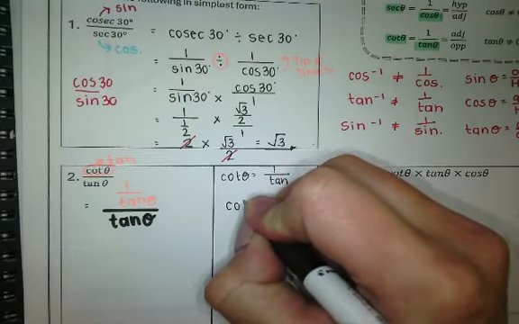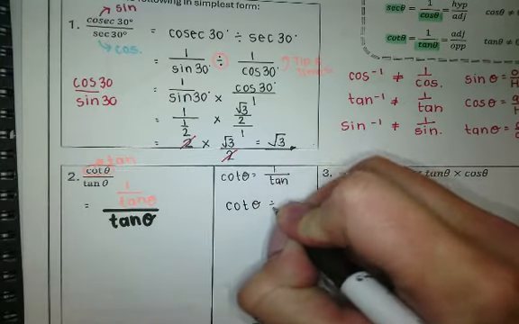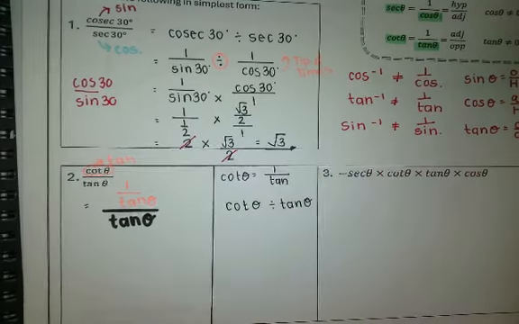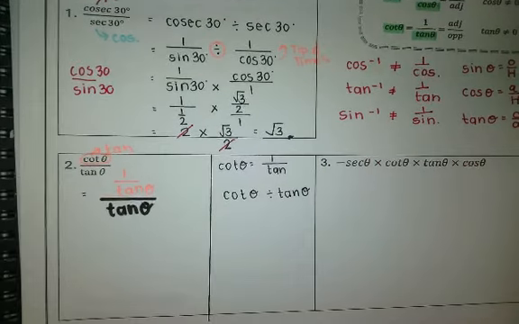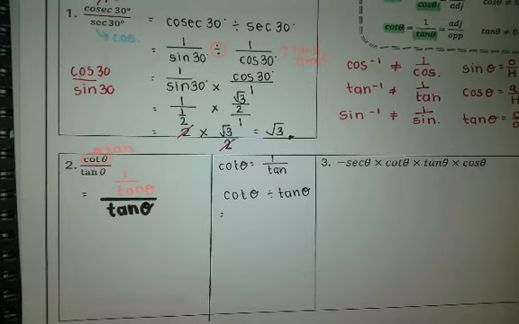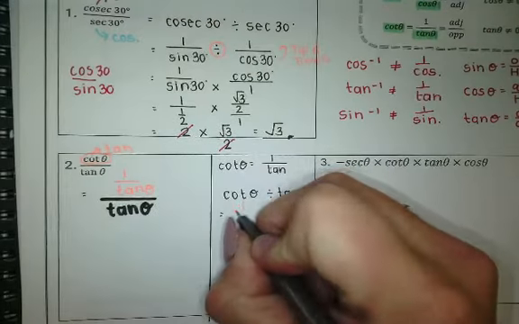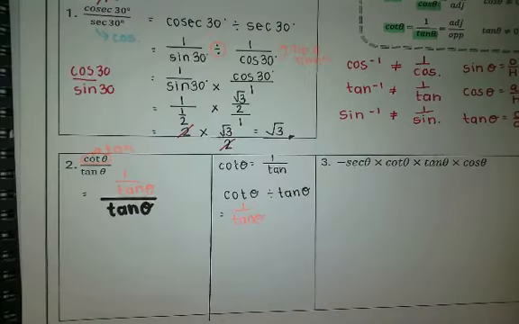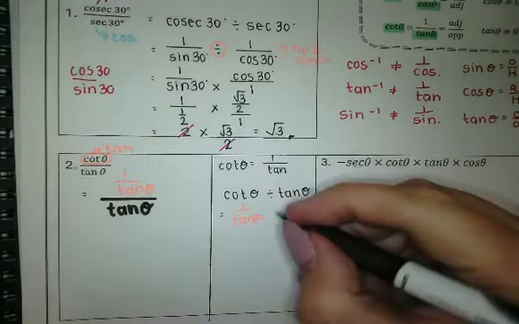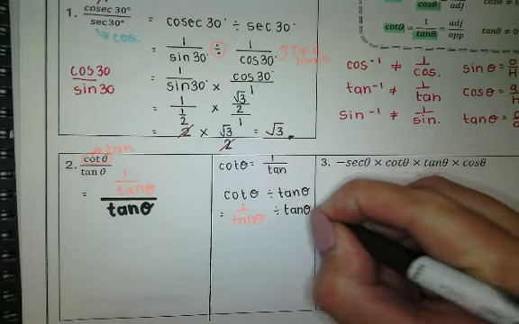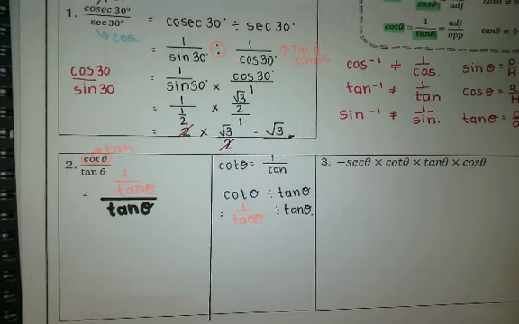We can say cot theta divided by tan theta. Same thing, if you don't want two fractions over one another. Cot is 1 over tan theta divided by tan theta. Same thing.